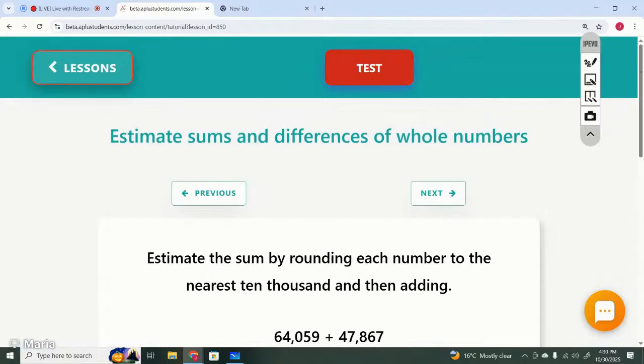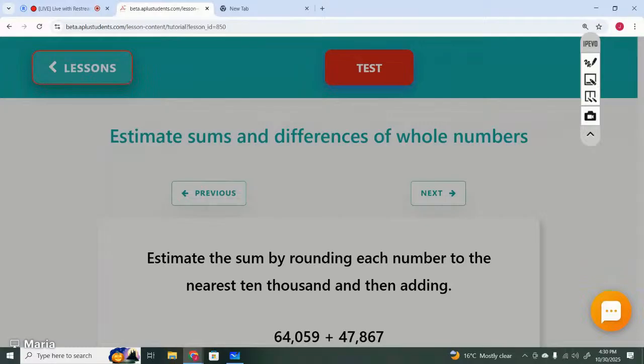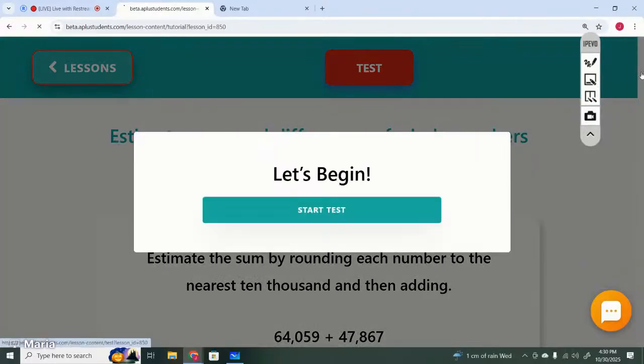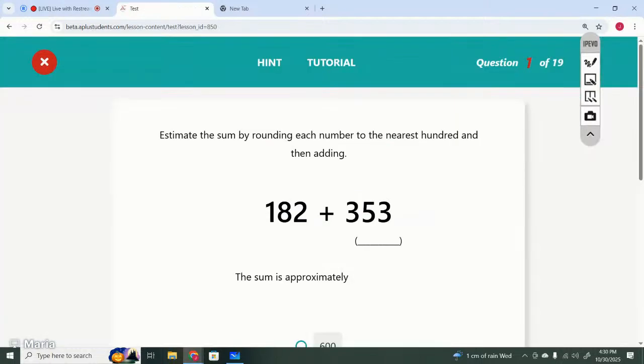Let's just start with the test questions. 182 plus 353. Estimate the sum by rounding both the numbers to the nearest 100. So first you have to round off both the numbers to the nearest 100 and then we have to add.